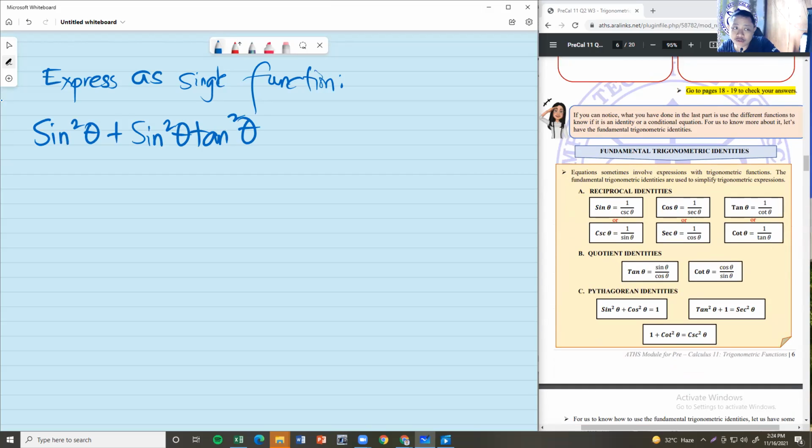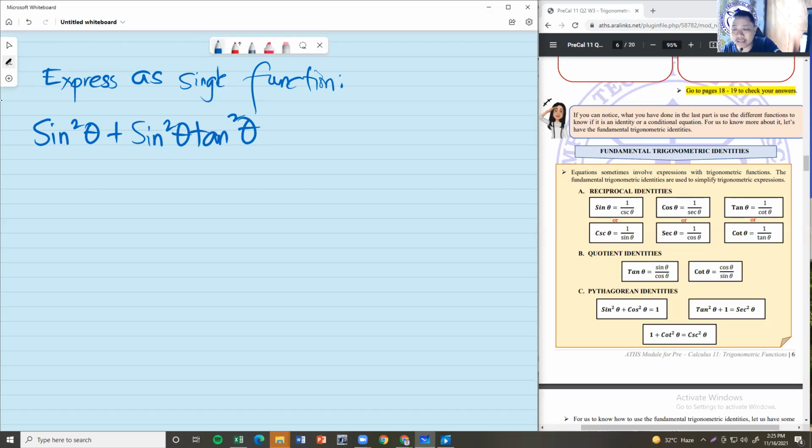Once you saw squared among your given, you focus on the Pythagorean identities. Okay? Once you saw squared, of course, you must focus with the Pythagorean identities kasi posibleng doon umuwi yan. Okay?